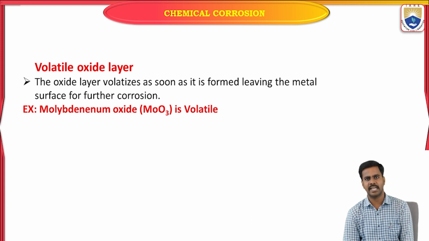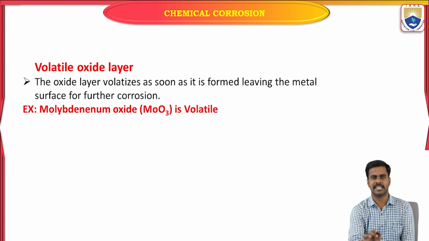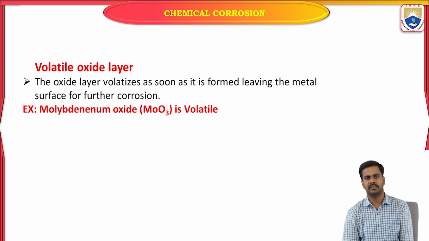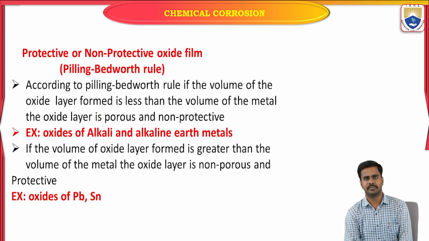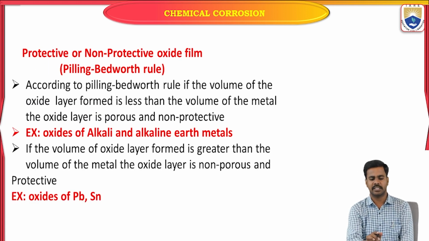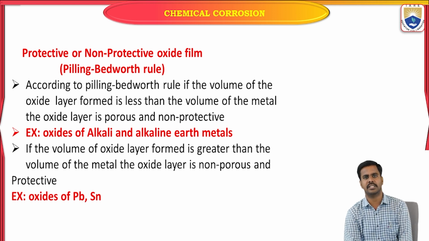As soon as this oxide layer escapes, the surface of the metal is exposed to the environment, and attack of oxygen on the surface of the metal is very easy. Then the rate and extent of corrosion rapidly increase in the case of a volatile metal oxide layer on the surface of the metal.